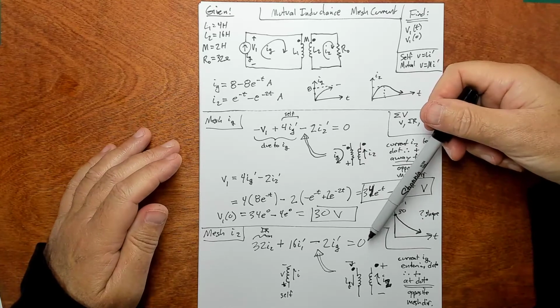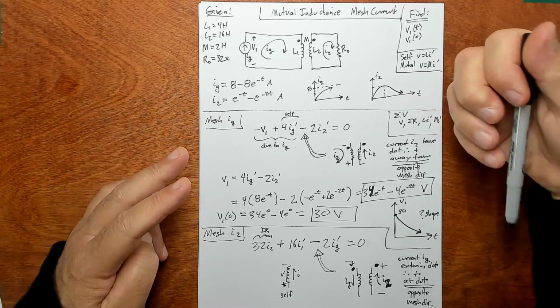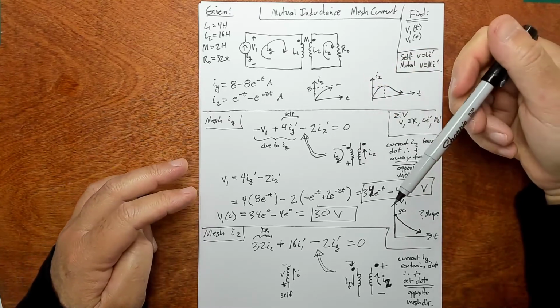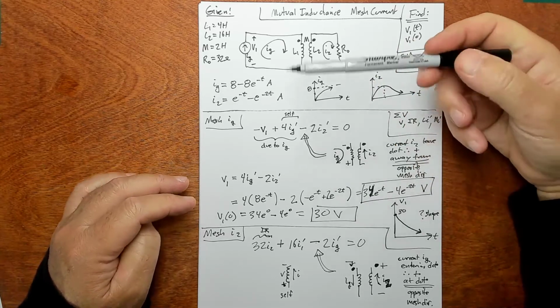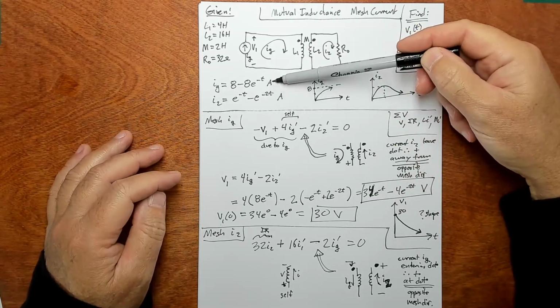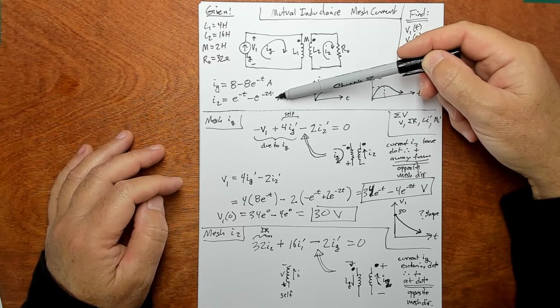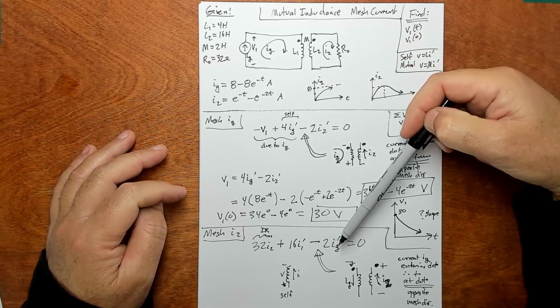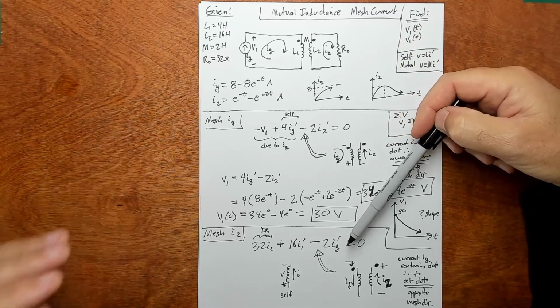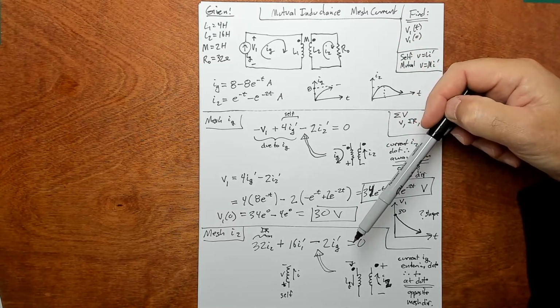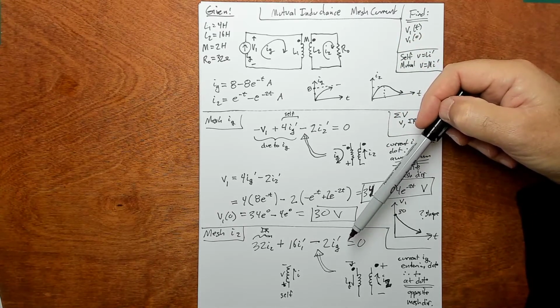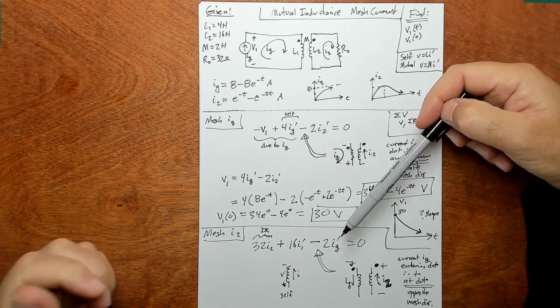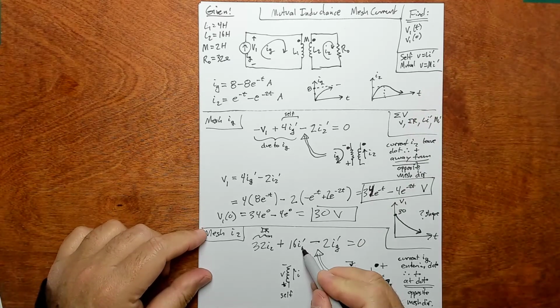The other thing that you could do that I'm not doing is you could check these equations to see if they make sense, because you're given Ig and I2. You could take the derivatives of those and put those in here and see if they check out. And they would, especially if you didn't have this mistake right here.